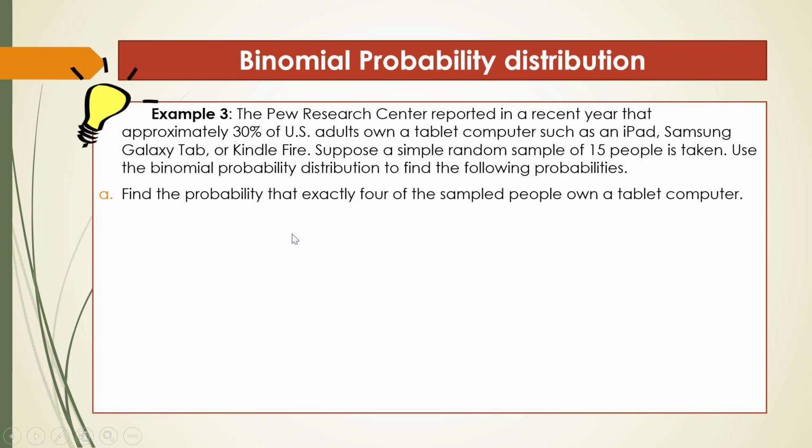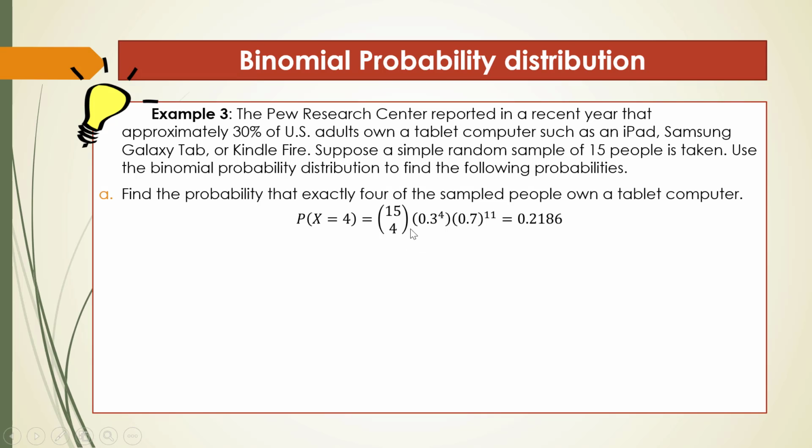And the question asks for the probability that exactly 4 of the sampled people own a tablet computer. That means the probability that X equals 4 exactly. So for probability X equals 4, we apply the formula. That is 15 choose 4, times 0.3 to the 4, times 0.7 to the 11. And remember, 15 choose 4 is 15 factorial over 4 factorial times 11 factorial.